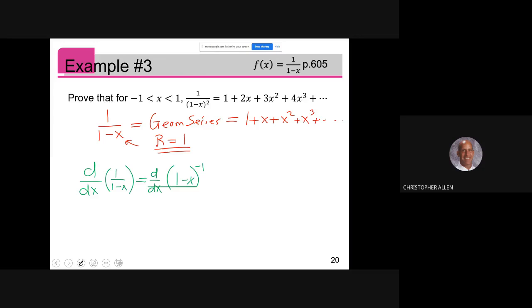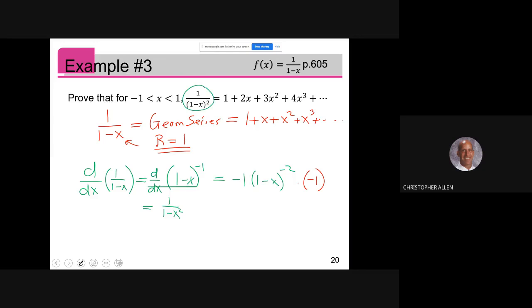We'd bring the negative down, we would leave that alone, and that would become -2. Oops, and then I almost screwed up the most important part. What do we have to multiply by? The derivative of the inside, correct? What is the derivative of the inside? Well, 1 minus x's derivative is -1. Look what happens to the -1 times the -1. What do you get? Well, this derivative turns out to be 1 over (1 minus x) squared.